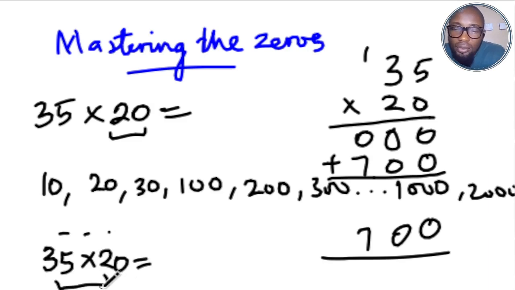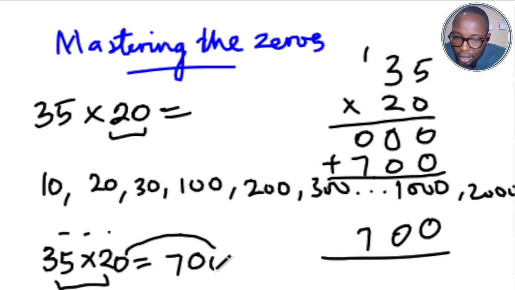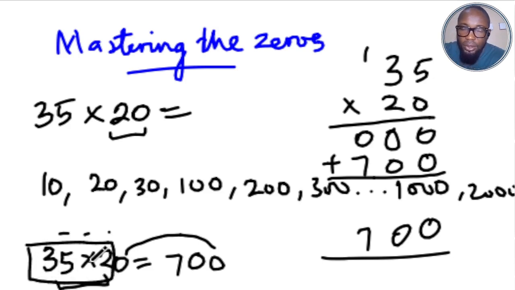At least if you don't know 35 times 2, you could just do 2 times 5, 10, right? 2 times 3, 6 plus 1, that is 7. Just transfer this 0 to the answer and you're done. So your focus is going to be on 35 times 2.